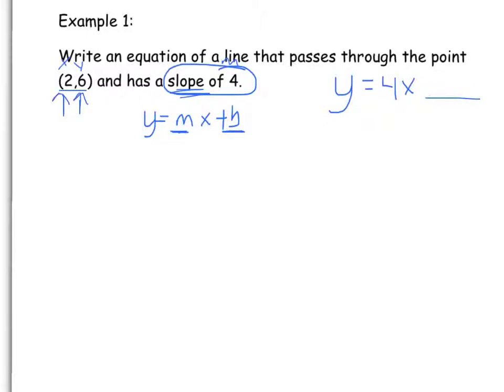So I can plug in 6 for y. I can plug in 4 for the m. I can plug in 2 for the x. And remember, if there's no symbol in between, it means multiplication, plus b. And then, just like our whiteboard activity, we can solve for b. So we're going to simplify this first. 8 plus b on one side and 6 on the other.